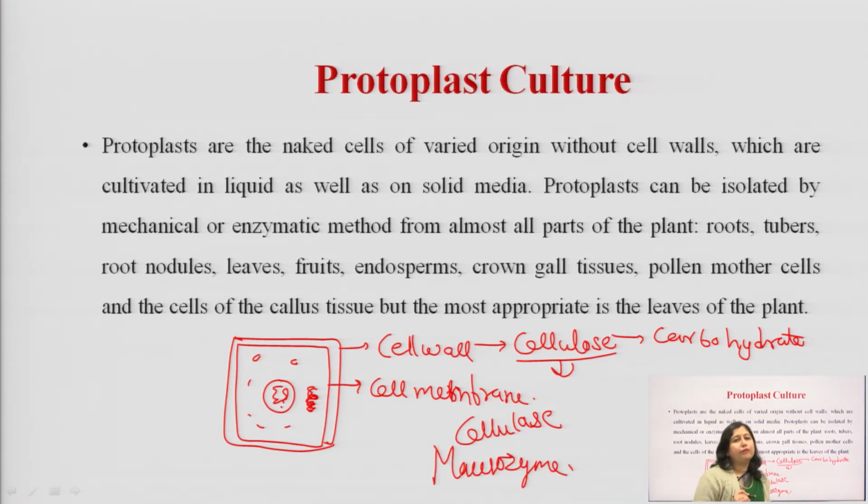So, in this type of culture, the plant cells are treated with the enzymes cellulase and macerozyme, which degrade the cell wall. Once the cell wall is degraded, the cells are free of the cell wall and only a cell membrane is there on the outer side, and this particular part is known as a protoplast.